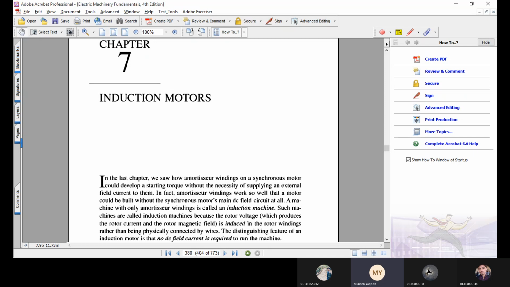So eventually, what is the conclusion of all this procedure? When the rotor gets started, it eventually approaches a speed which is quite near to the synchronous speed. Why am I saying quite near and not the synchronous speed? Because as the rotor approaches the synchronous speed, the stator's magnetic field is rotating at synchronous speed and the rotor is also rotating at synchronous speed.